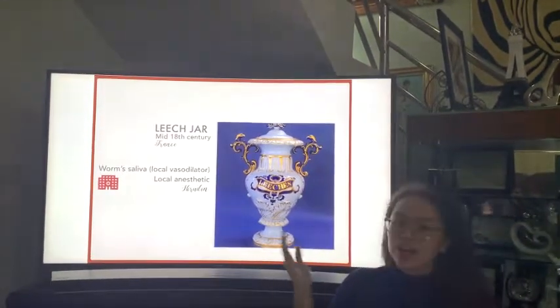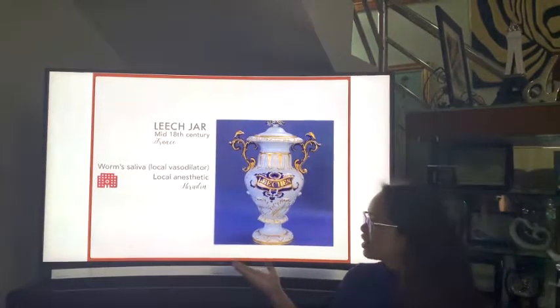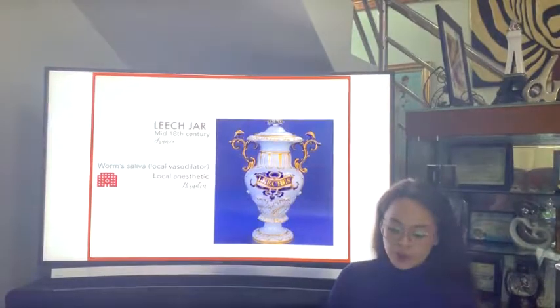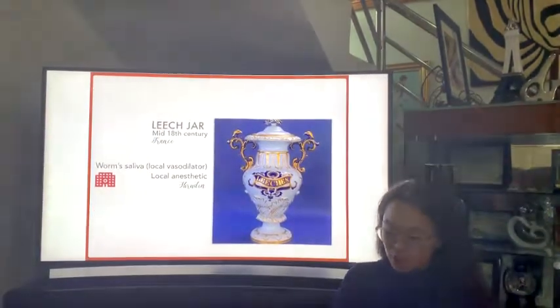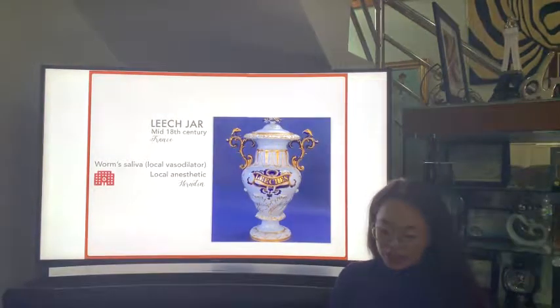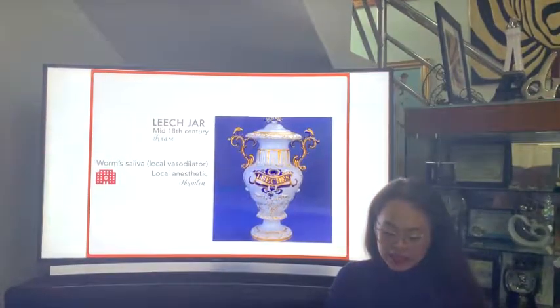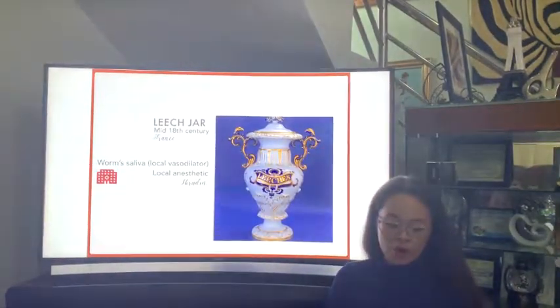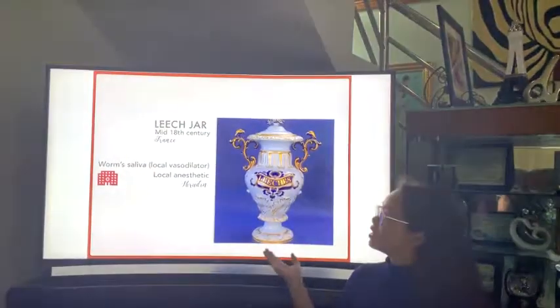As I explained earlier, the worm saliva is a local vasodilator and a local anesthetic, hirudin. Early leech jars were glass and later ceramic. Within the last decades, leeches have made a comeback. This is where they keep the leeches alive.